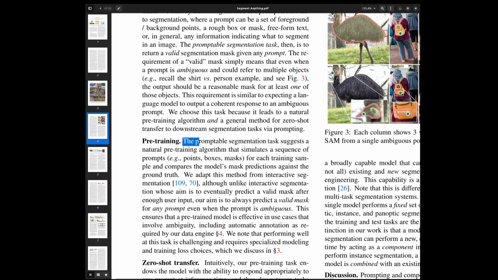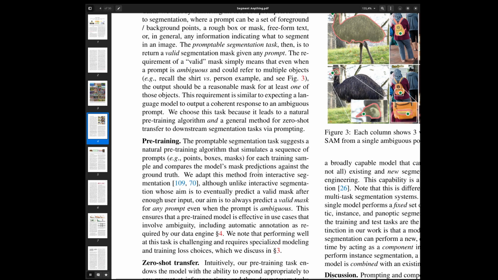So the promptable segmentation task, that is basically you give me a prompt, I give you a set of masks, suggests a natural pre-training algorithm that simulates a sequence of prompts for each training sample and compares the model's mask prediction against the ground truth. So I think it's like that.